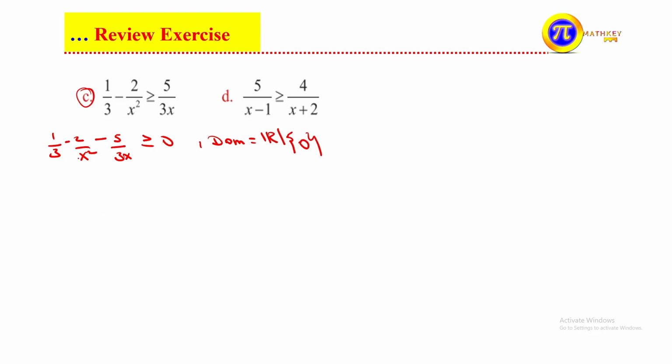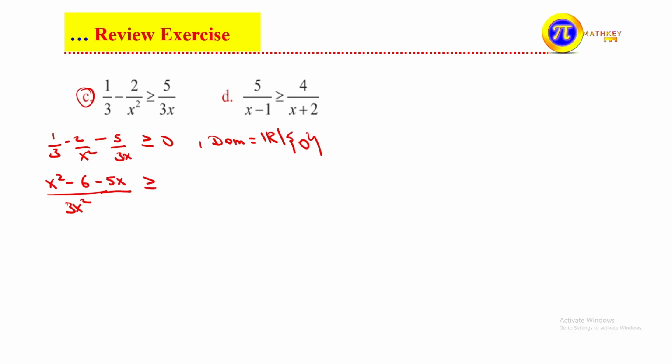After that, let's collect them by taking the LCM, which is 3x². 3x² divided by 3 gives x², times 1 is x². 3x² divided by x² gives 3, and 3 times negative 2 is negative 6. Then 3x² divided by 3x gives x, and x times negative 5 is negative 5x.